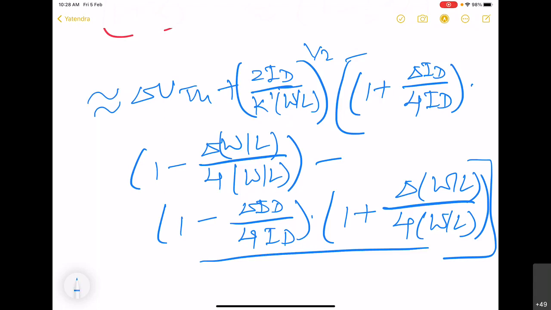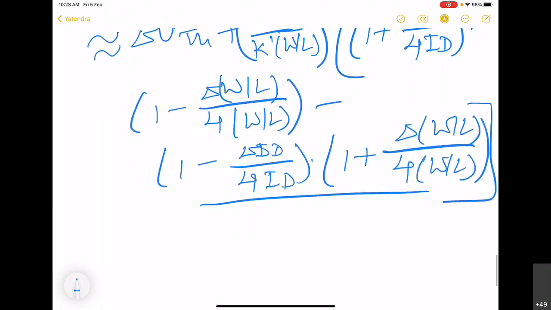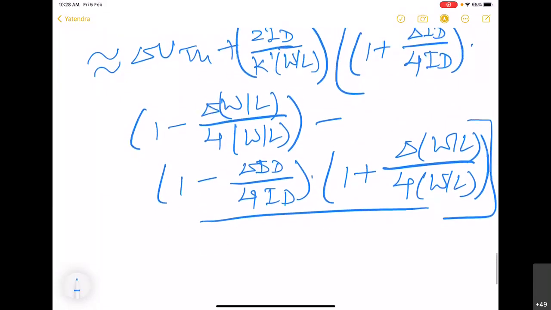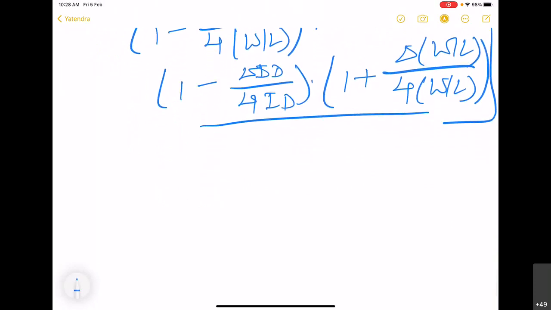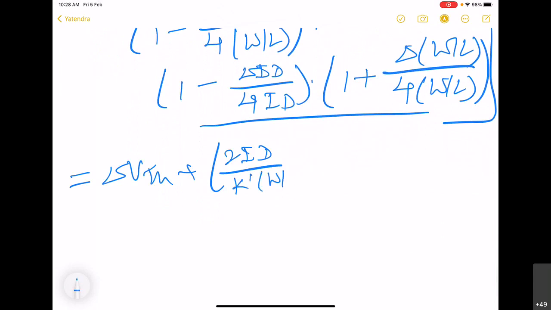So we get delta VTH plus 2ID by K dash W by L, to the power 1 by 2, into, so when we multiply these we will get four terms.